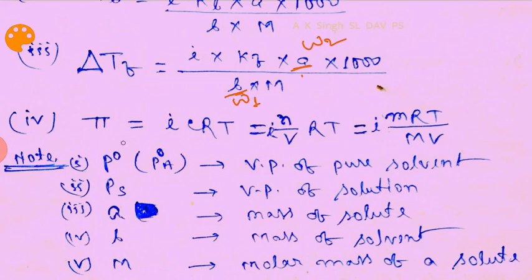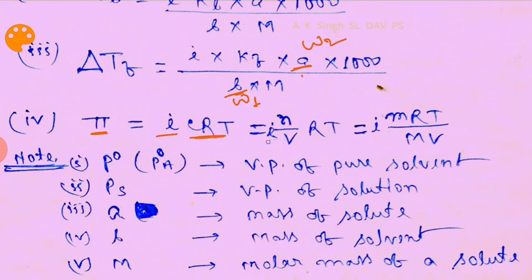Now pi. In the modified equation, you have to write pi is equal to ICRT. Initially you have read in osmotic pressure, pi is equal to CRT. Now you have to write pi is equal to ICRT.